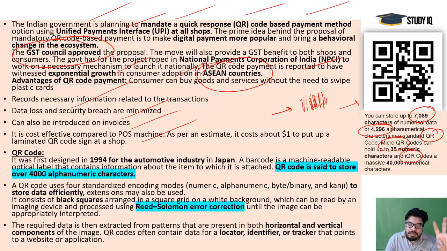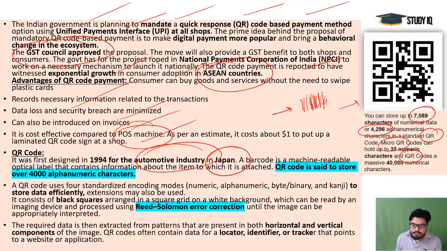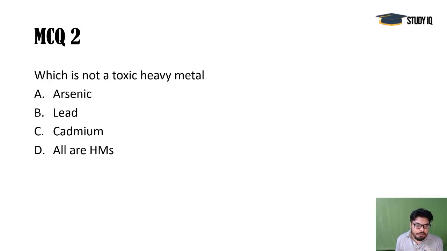So it's a very effective one, and it is better than POS machines. That's why it's correct, because it is much safer here. It was introduced in Japan in 1994, and it started in the automotive industry. And now remember this Reed-Solomon error correction technology that is used in it.